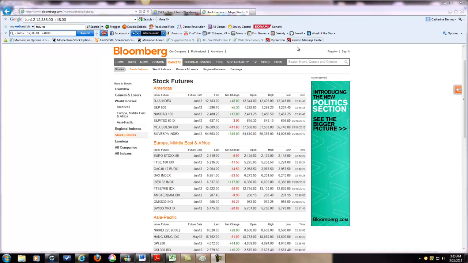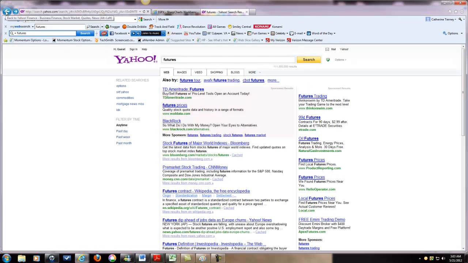Okay, the other thing I like to show new traders is earnings, but earnings are tricky to play. Most of the time it depends on sentiment, if they beat estimates or if they came in short or things of that nature.